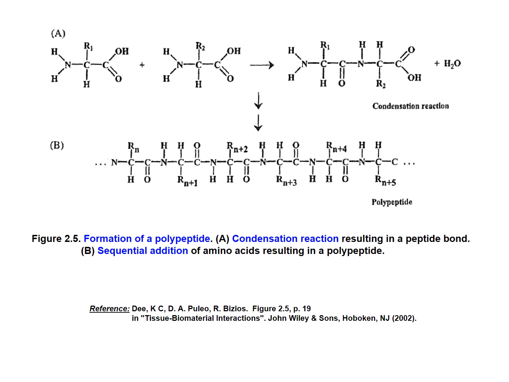Two of these units with 2 carbon atoms join and form a longer unit, and during that reaction one water molecule is released. In part B, you see an example of what is called sequential addition of amino acids. One amino acid is attached to another, and we have a very long chain, which is of course referred to as a polypeptide.